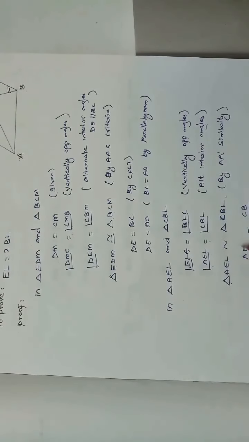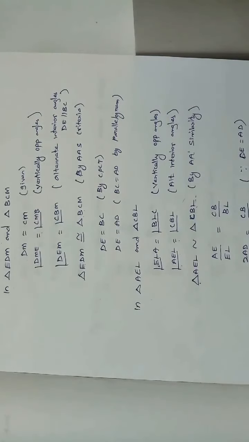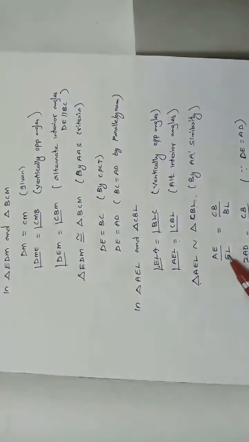If these two triangles are similar, then the sides are proportional. So AE by CB is equal to EL by BL is equal to AL by CL. But among that, what do we need? We need EL and BL.